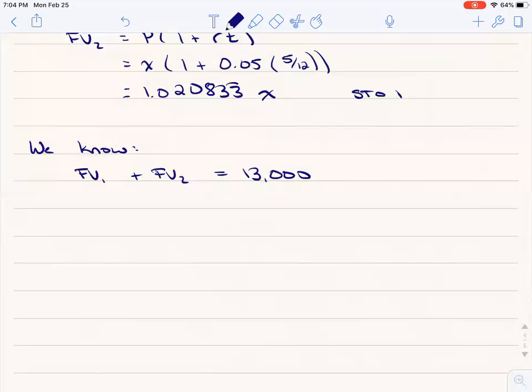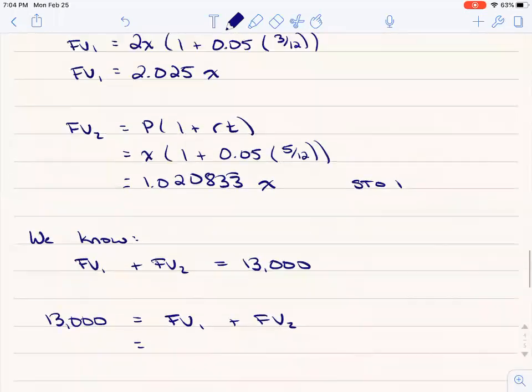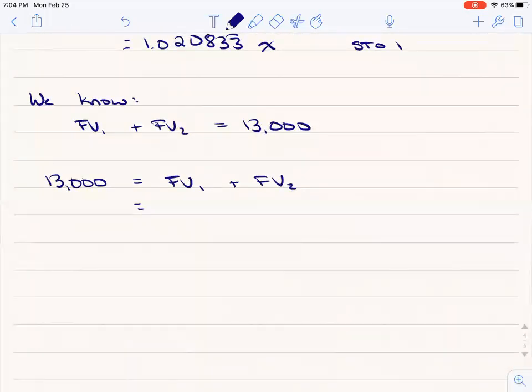Moving the 13,000 over to the left-hand side so I'm free to work on the right-hand side, future value 1 plus future value 2, just rewriting it, is 2.025x plus 1.020833 repeating x. And you don't want to round here. You want to keep all your decimal places because we are talking money, so you don't want to round anything.